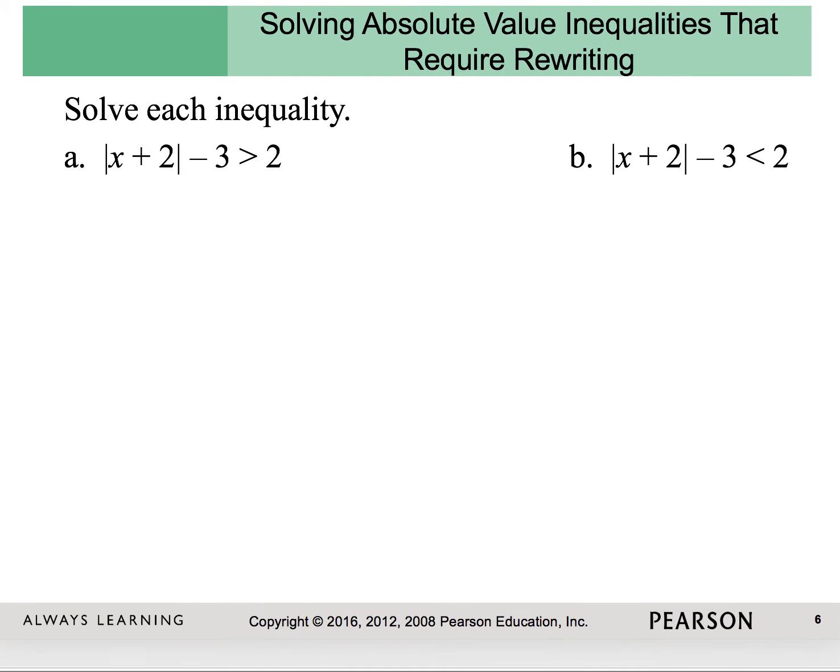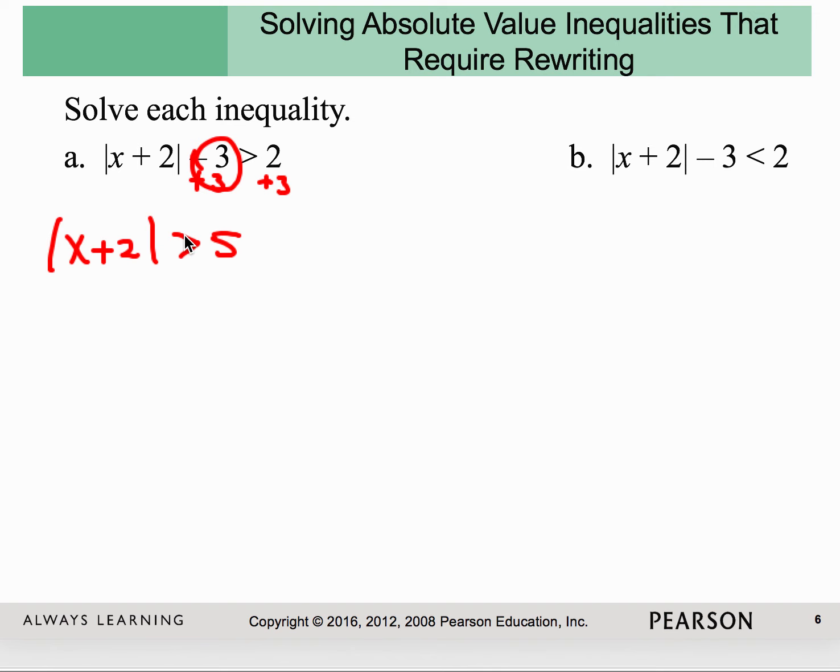Oh, two on one page. All right, gotta isolate it. Hey, it's the same thing. All right, so I'm gonna isolate this first so that I have absolute value of x plus 2 is greater than 5.